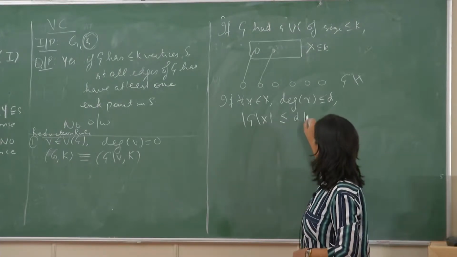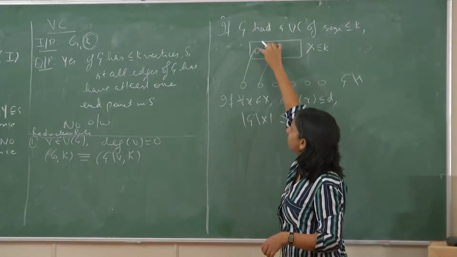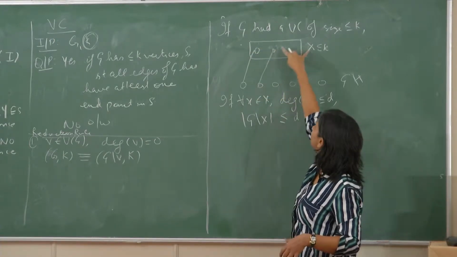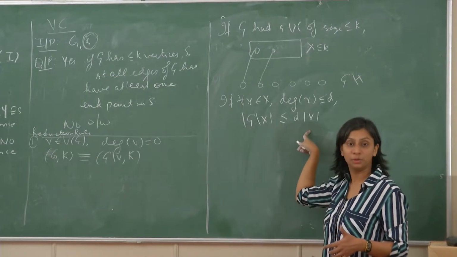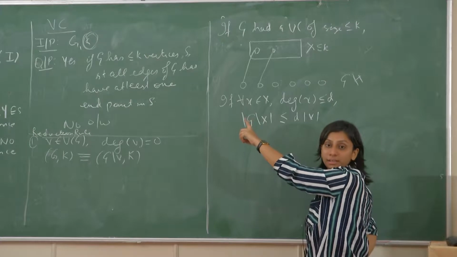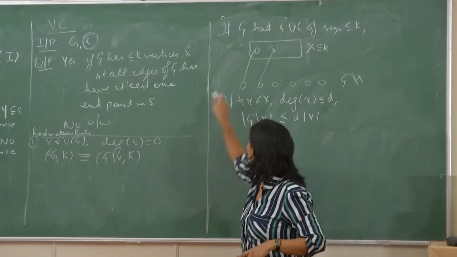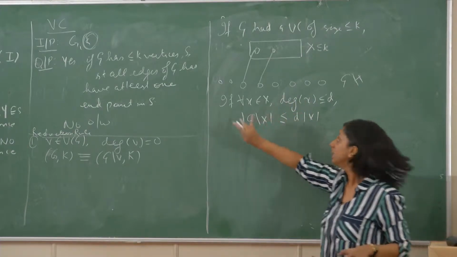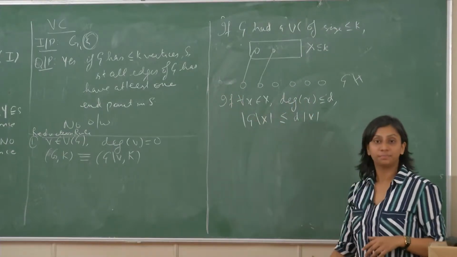At most d times |X|. Why? Because any vertex in X can have d neighbors below. In total these vertices can have d|X| neighbors below, and each vertex is a neighbor to some vertex because it can't be isolated. If I didn't apply this isolated vertex rule, there could be a lot of vertices and then I can't bound the size of this set. But with this rule, we have this.